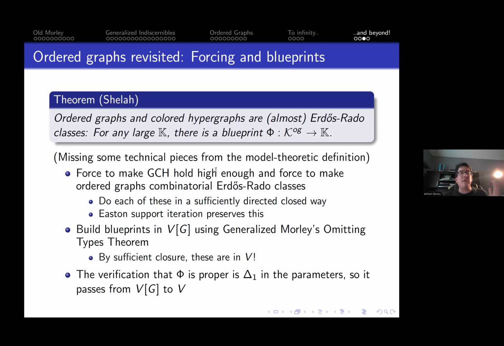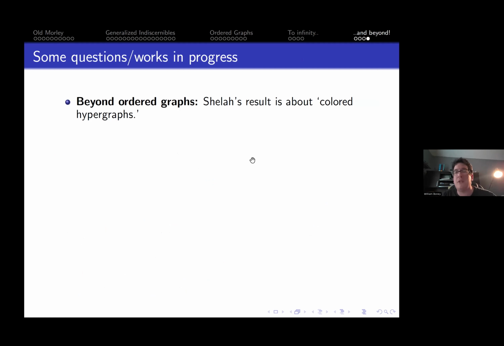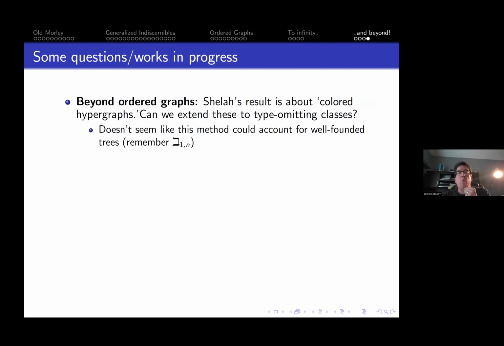Okay, so that's the end. I want to mention briefly some questions or works in progress. I mentioned this idea of what's beyond colored hypergraphs or ordered graphs: what can this Shelah result about forcing these combinatorics be extended to?